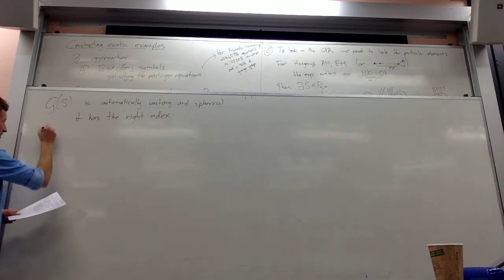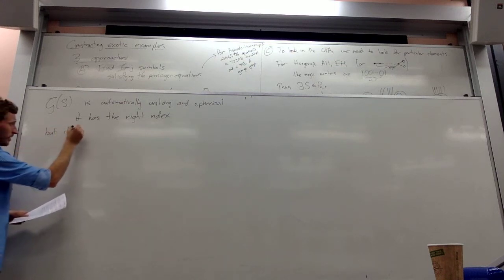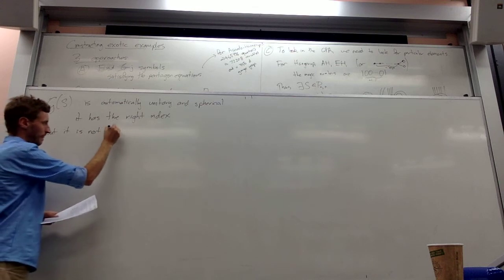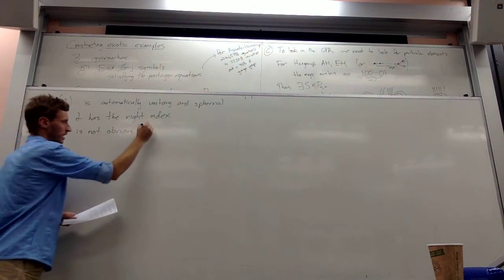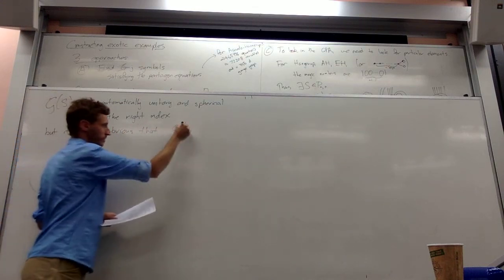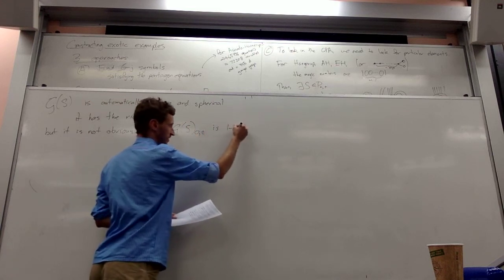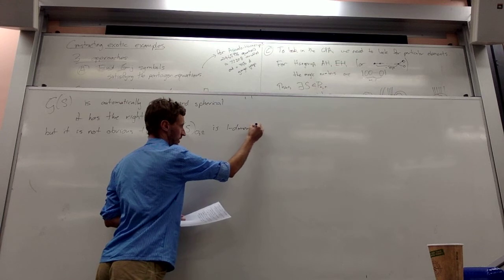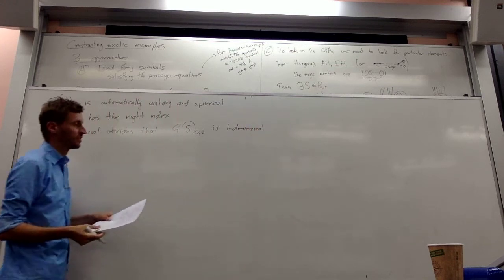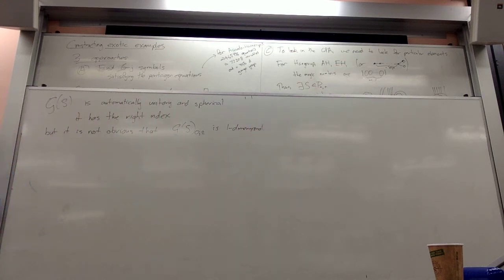But it is not obvious that the zero-box space is one-dimensional. In particular, remember the zero-box space of the graph planar algebra has a basis consisting of vertices of the graph.